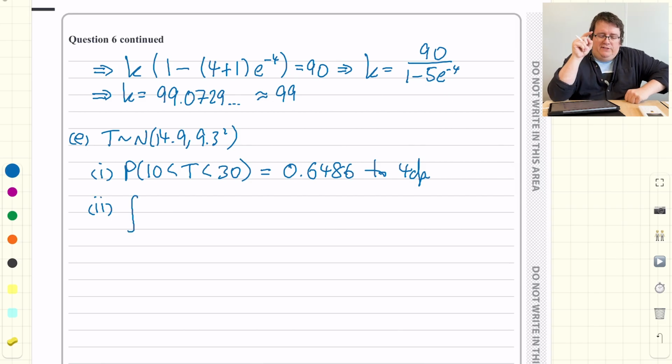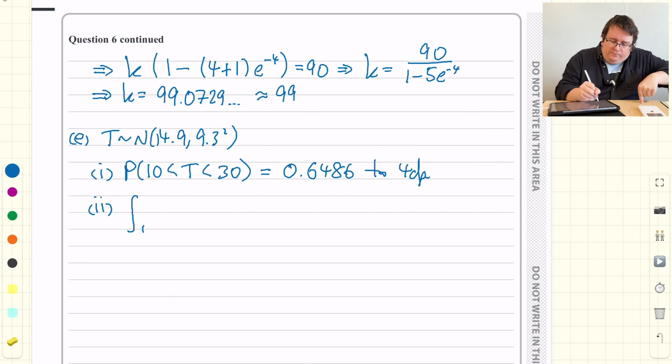Now remember, it was in tens of hours, so we're not putting in 10 to 30 here, we're putting in 1 to 3 as the limits of the integral.